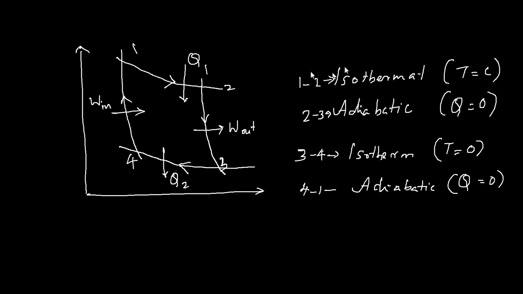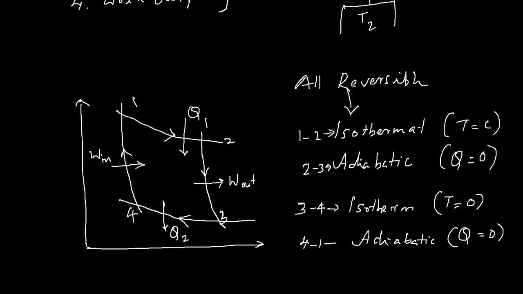So these 4 processes, all reversible, constitute a Carnot cycle.